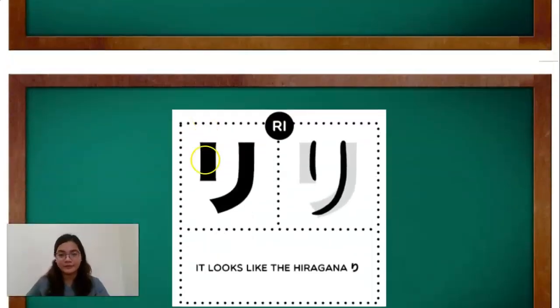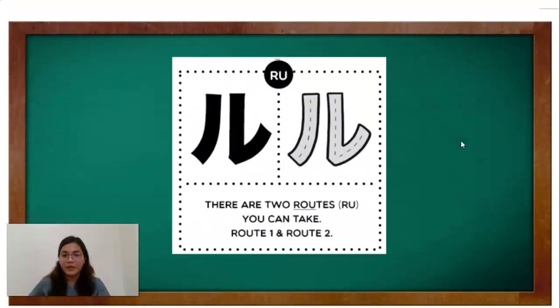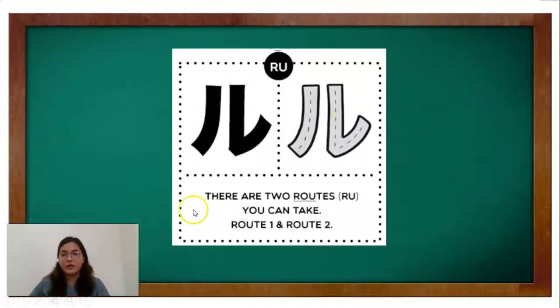Okay, next. Ri. Ri looks like the hiragana ri. This is also just the same as the hiragana. Next, Ru. Think that there are two roads that you can take, Route 1 or Route 2. So Ru as in Ru.